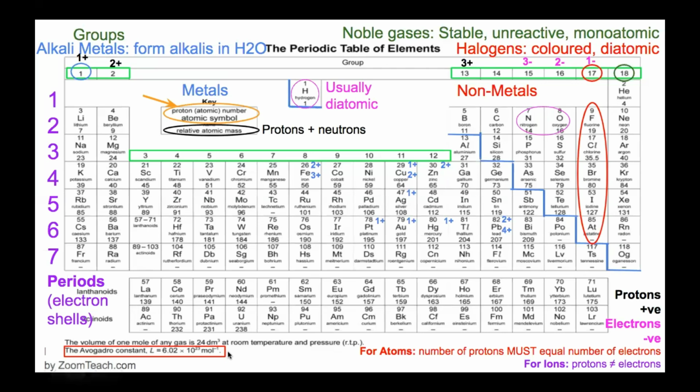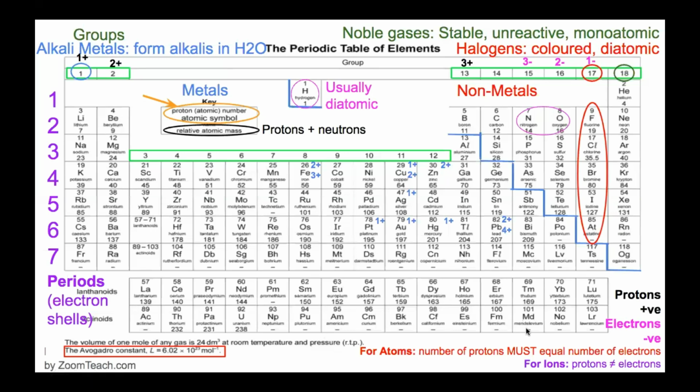Previously, we would have to remember this on our own, but now they've put it in the periodic table, so we would be fully expected to use this particular number whenever they ask for a number of particles, right? So we don't have to remember the number specifically, but we need to know where to look for this information, which is in our very humble periodic table.